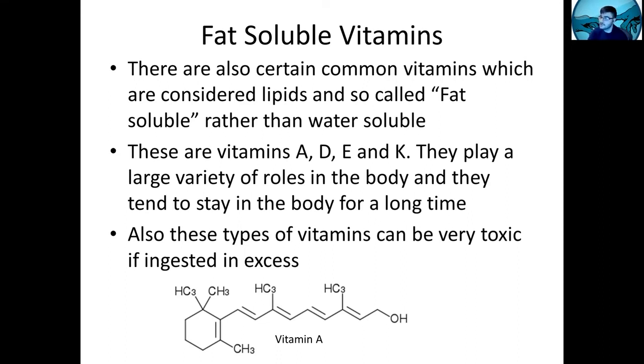There are water-soluble vitamins, which dissolve in water because they're more polar. Vitamins A, D, E, and K are fat-soluble, whereas all of the vitamin Bs and vitamin C are water-soluble, not fat-soluble.